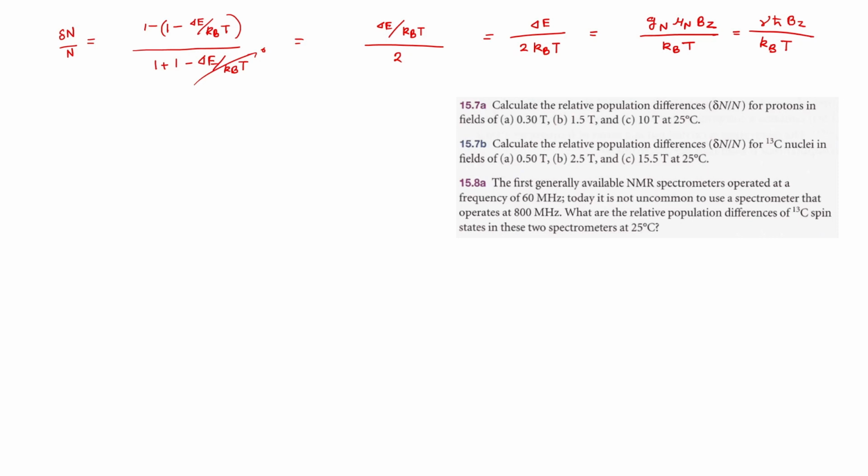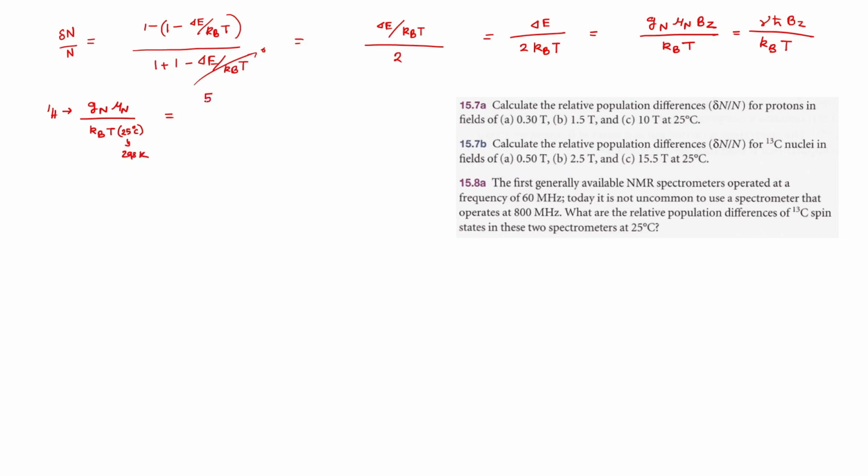Let us see for 30 Tesla what it is. So let us first calculate for proton what g n mu n by kBT is, T being 25 degrees Celsius, which means 298 Kelvin.